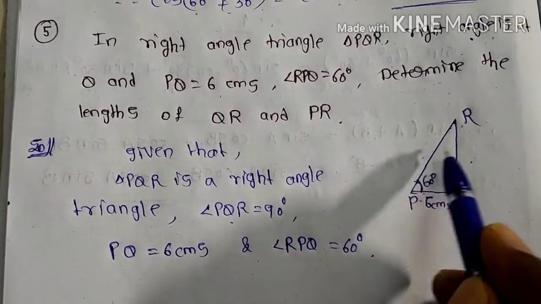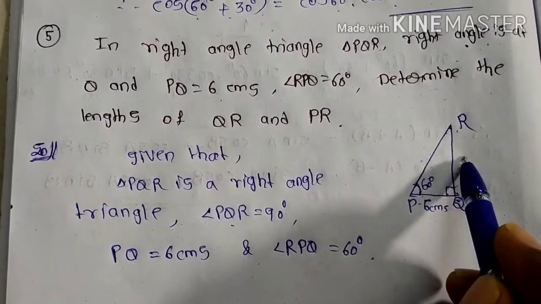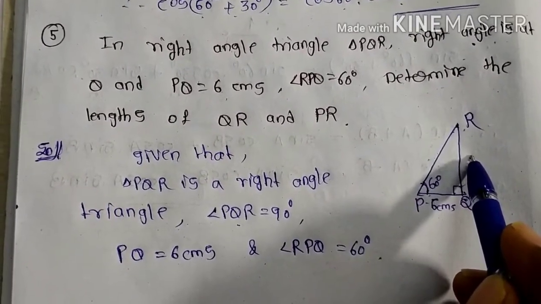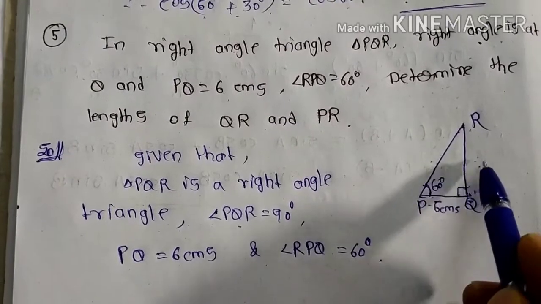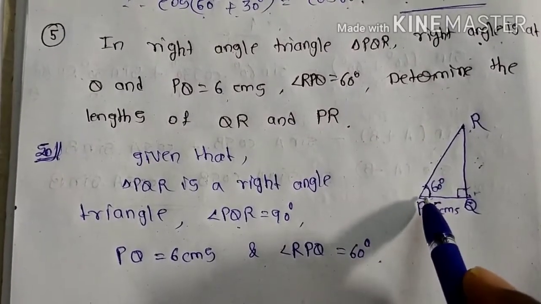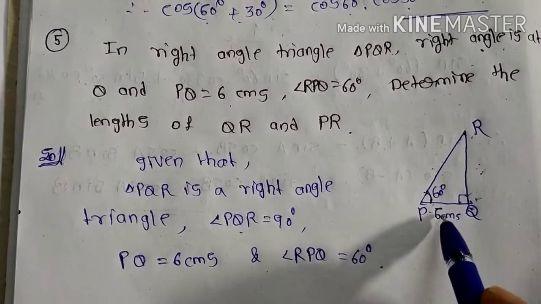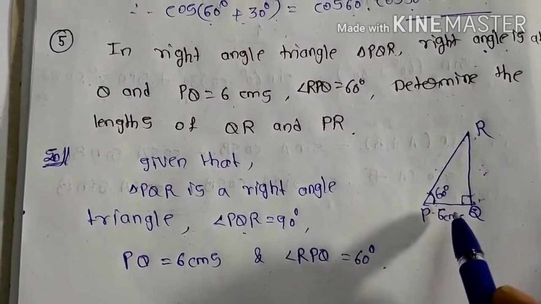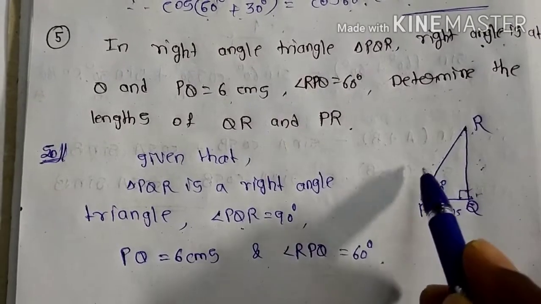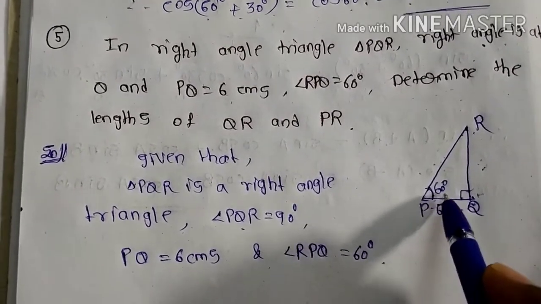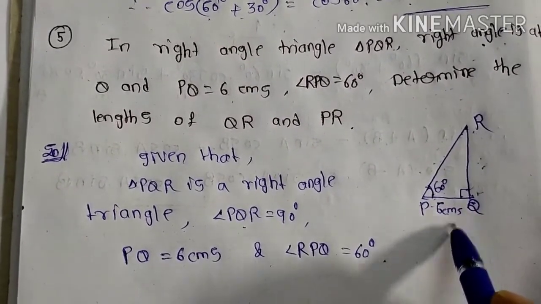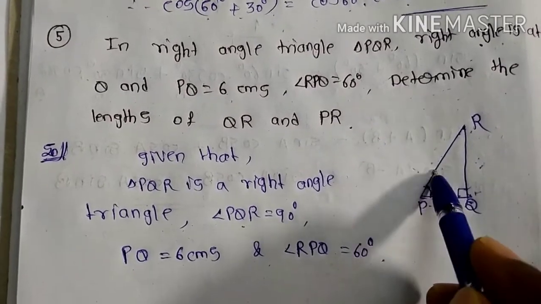We don't know. If you don't know the two values, how can you find the remaining value? So don't use sine. Can you use here cos? Cos 60 is equal to adjacent side by hypotenuse. Yes or no? So you can find easily.